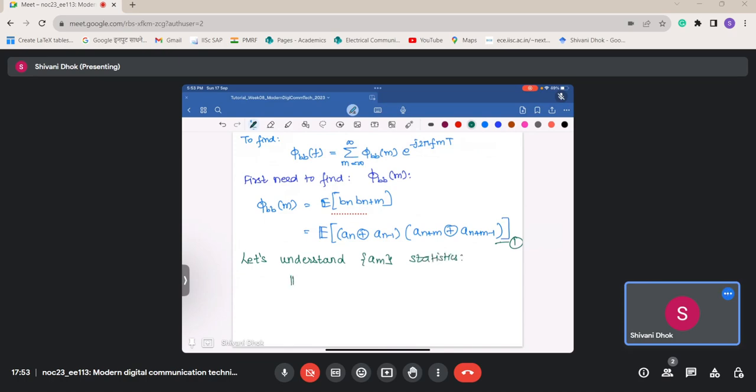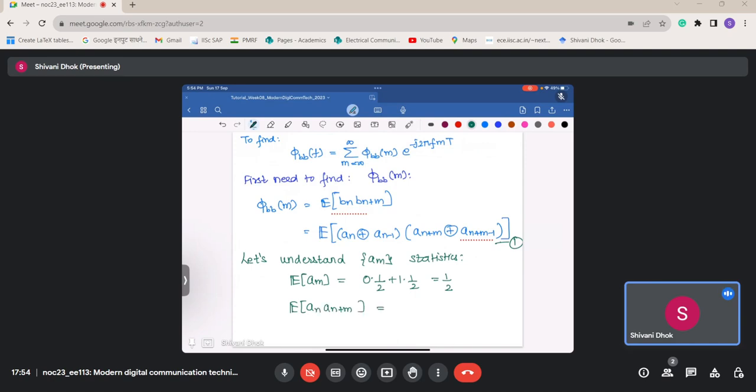Basically, expectation of An will be equal to 0 into its probability plus 1 into its probability, which is equal to 1 by 2. So this means that this is not a zero mean sequence. It has an average value of 1 by 2. Now let us look at expectation of An into An plus m.